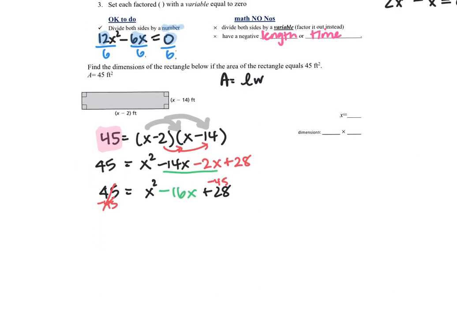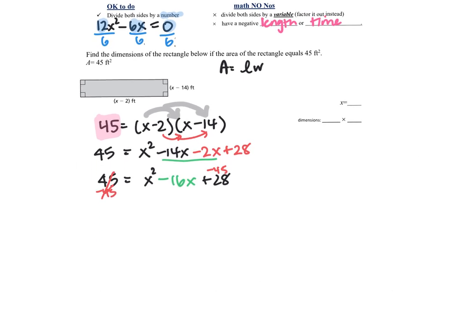I'm going to scroll up a little, and we're going to get that 0 is equal to x squared minus 16x, and 45 minus 28 is going to be 17, but since it's a negative 45, you're really going to get negative 17.